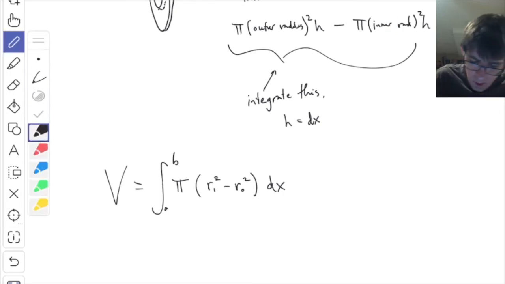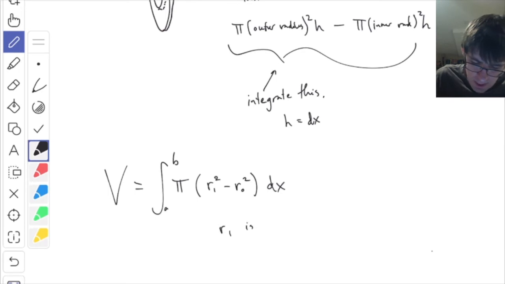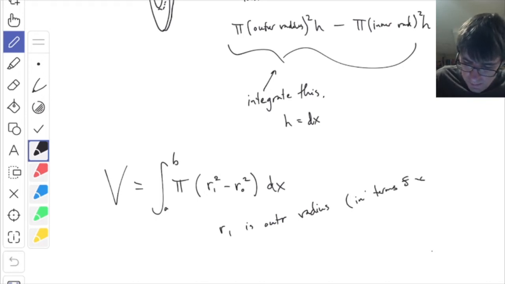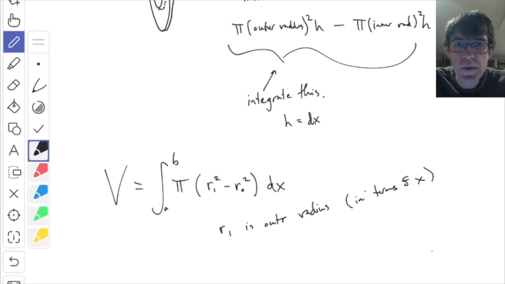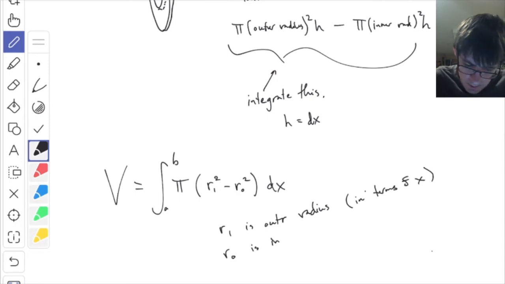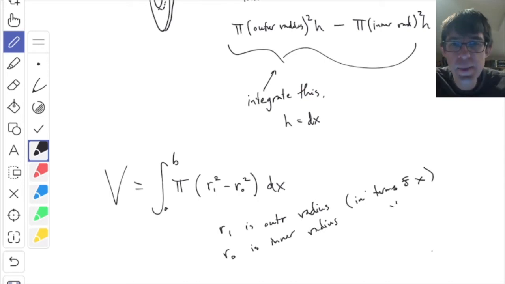Here r1 is the outer radius, and generally it's going to be in terms of x, which is where the f of x comes into play. And r0 is the inner radius. Typically that will also be a function of x, although sometimes it's just a constant.